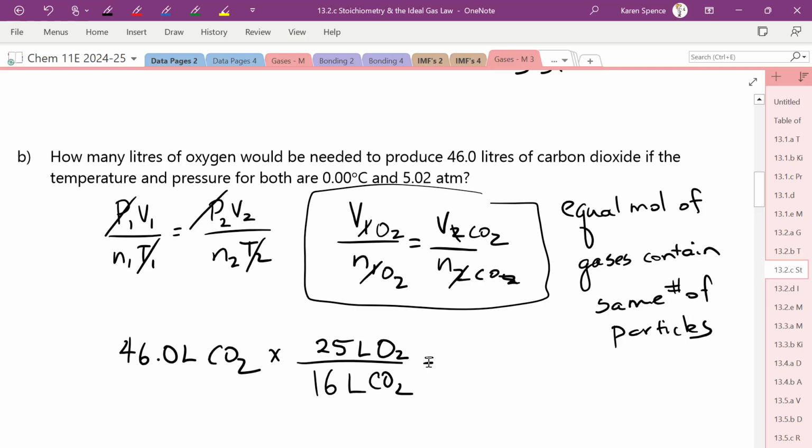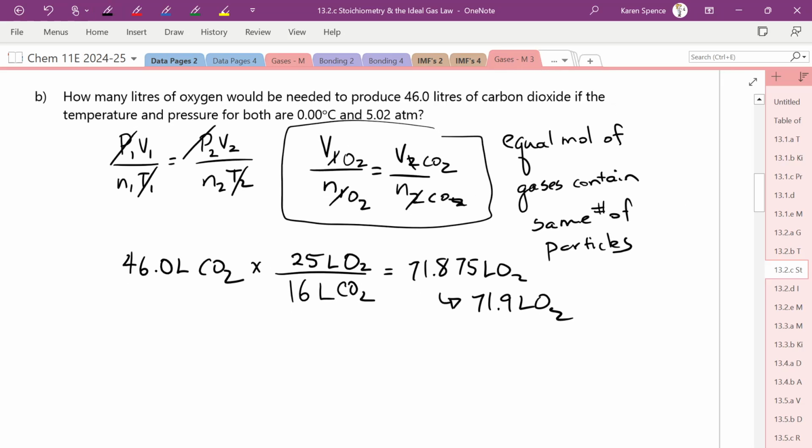So we have 46 times 25 divided by 16 equals 71.875 liters of O2, and then we would round that to 3 sig figs, 71.9 liters of O2.